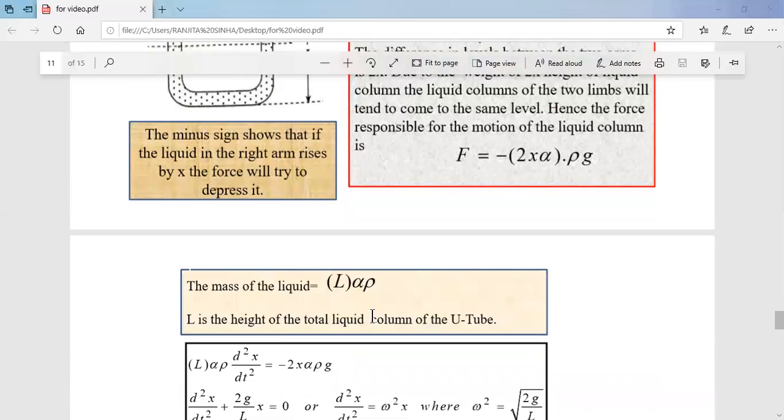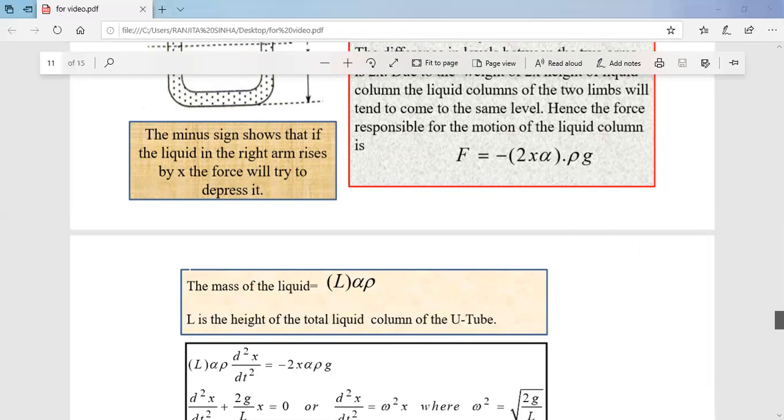What is the mass of the liquid? If L is the height of the total liquid column in the U-tube, then the mass of the liquid is length into cross-section into density, so L alpha rho. Then d2x by dt square is the acceleration, so m times acceleration equals the force, minus 2x alpha rho g.